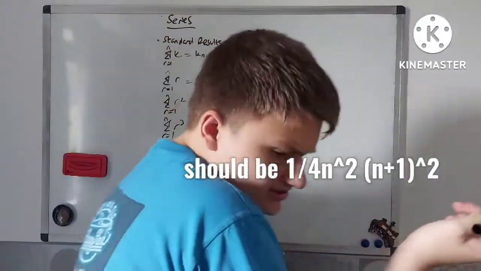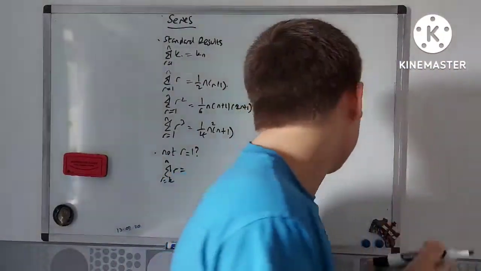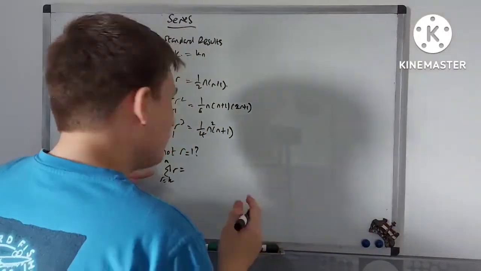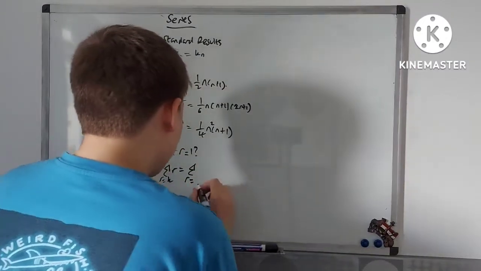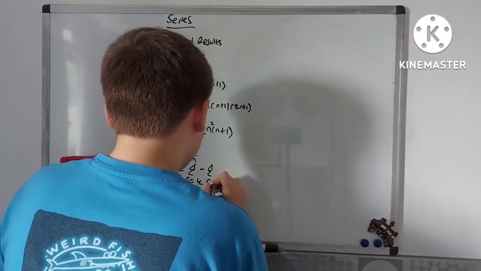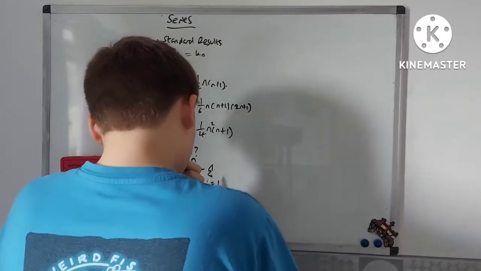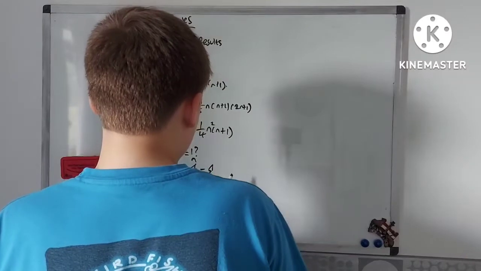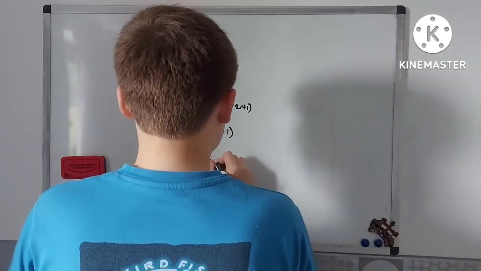The more important bit is if we're starting at r is 2 or r is 3 or r is 4, something like that. So if I've got the sum from r is some number k to n of r, what I do is the sum from r equals 1 to n, minus the sum from r equals 1 up to k take away 1.